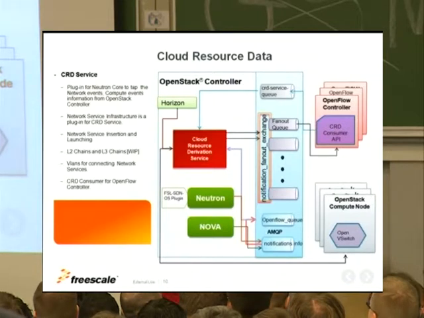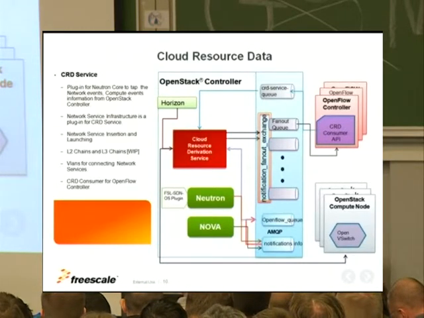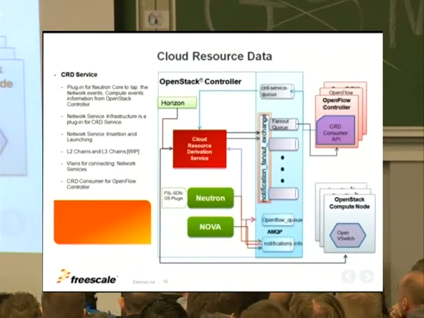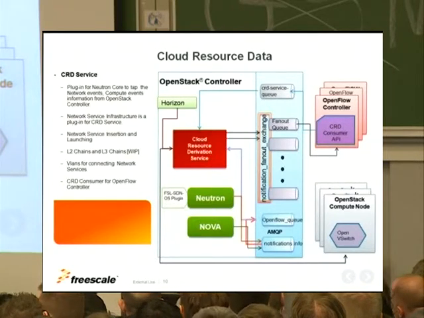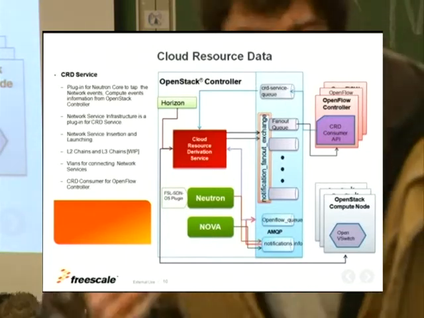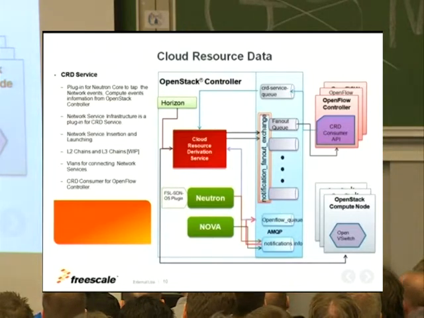So this is the high-level picture of cloud resource data. We have the cloud resources Nova and Neutron. Nova is for spinning up the VMs, and Neutron is for networking. We have the cloud resource data, where we are going to capture all the events generated by these two components, and store that data into the cloud resource derivation service database.